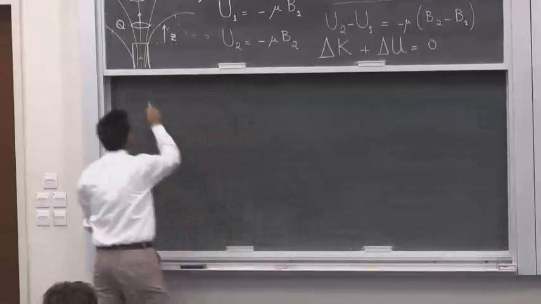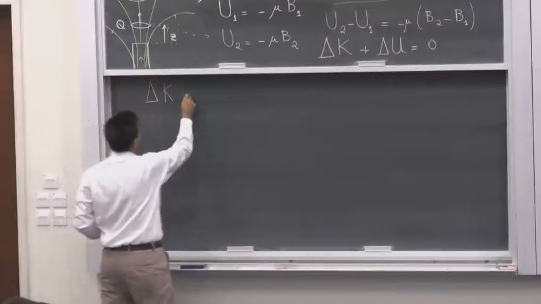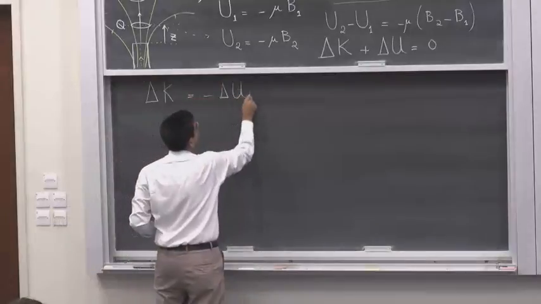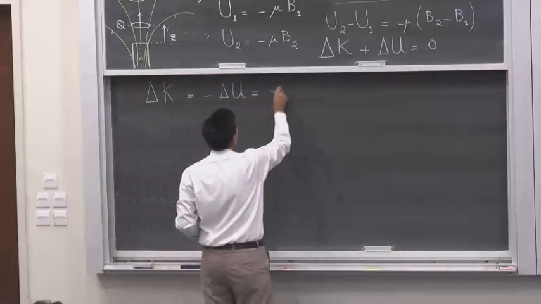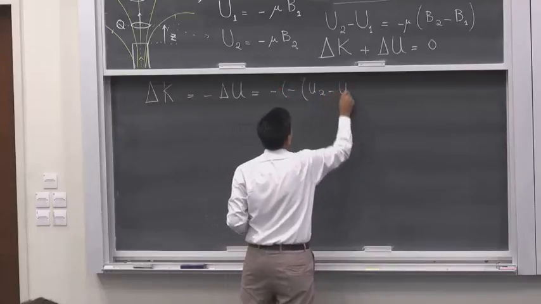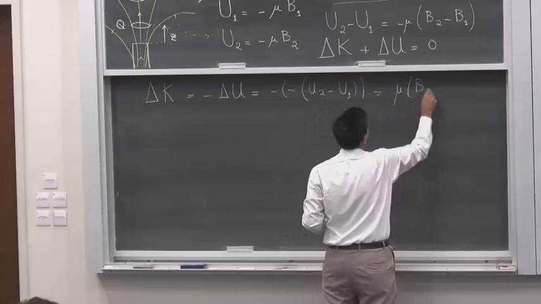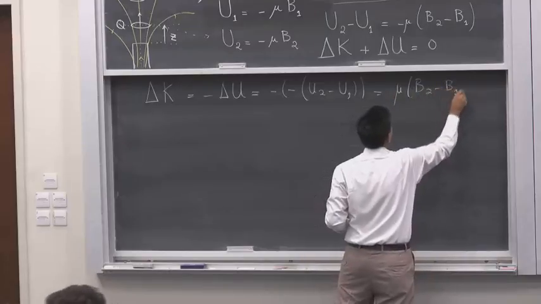which is the change in the kinetic energy as the particle goes from point P to Q, is given by minus delta U. And this equals minus (U2 minus U1). And this would simply equal mu into (B2 minus B1). Now this is a positive quantity.